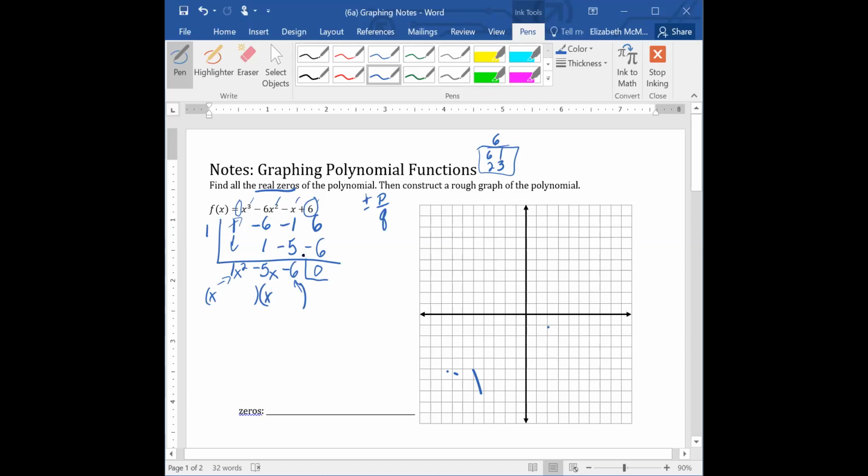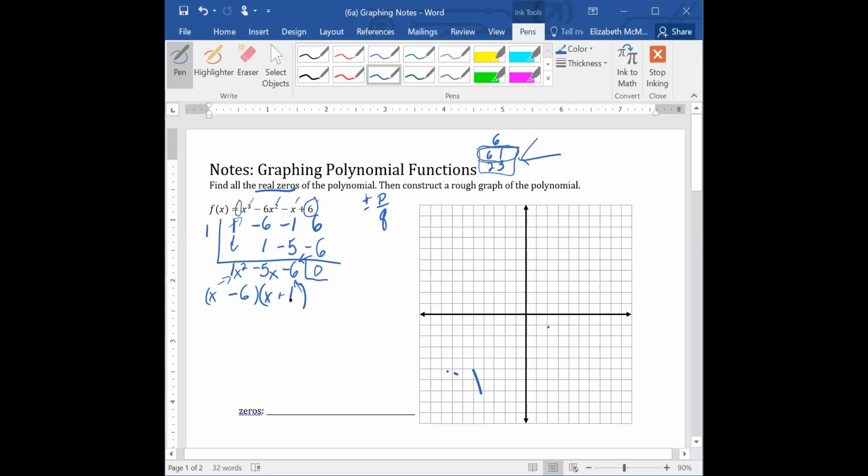I need to know what two numbers multiply to make negative 6 but add to make negative 5. We've already listed all of our factors over here. When we're multiplying to get a negative, we need a positive number and a negative number, so we're really looking for two numbers whose difference is 5. And look, 6 and 1. We want our bigger number to be negative, so I'm going to say negative 6 and positive 1.